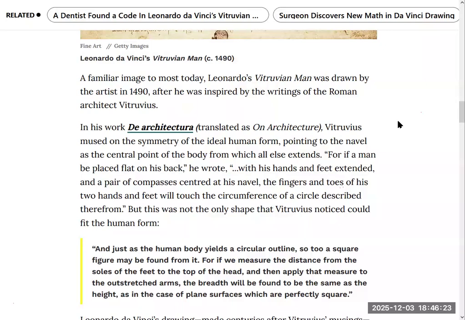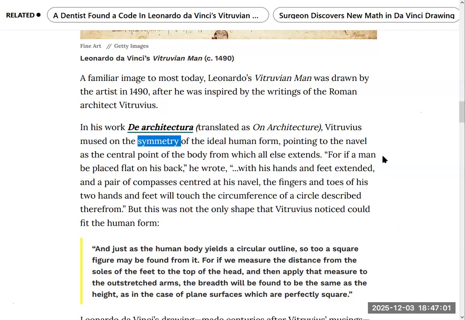Okay, so the image was inspired by a architect called Vitruvius, and Leonardo drew the picture based on Vitruvius. That's it. Inspired. Vitruvius mused on the symmetry. Symmetry, maybe.